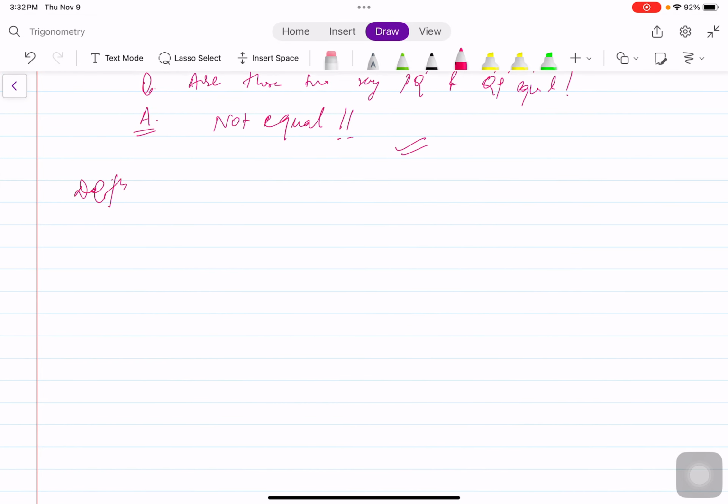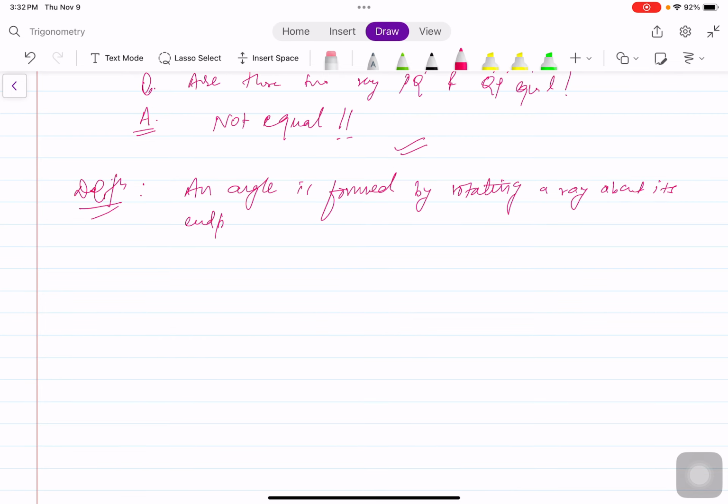Another definition: an angle is formed by rotating a ray about its endpoint, or the initial point, endpoint.